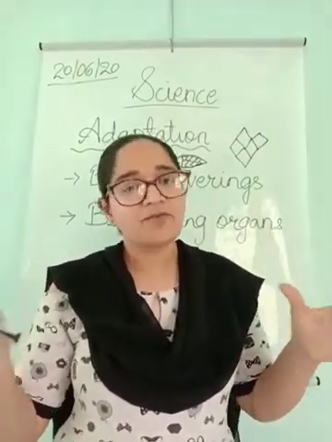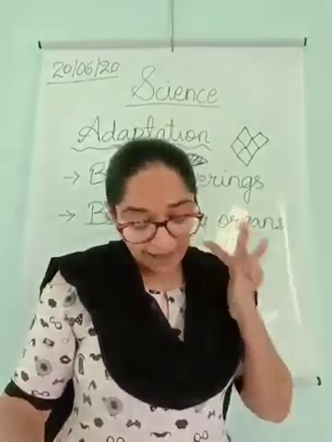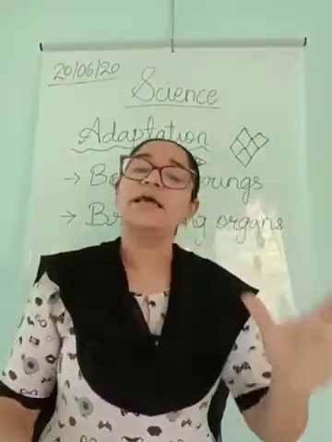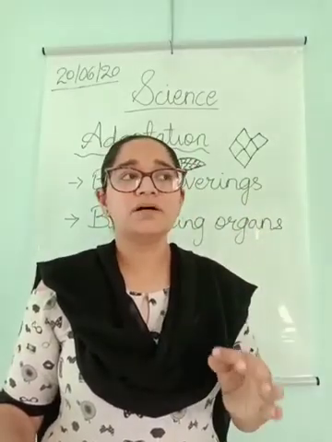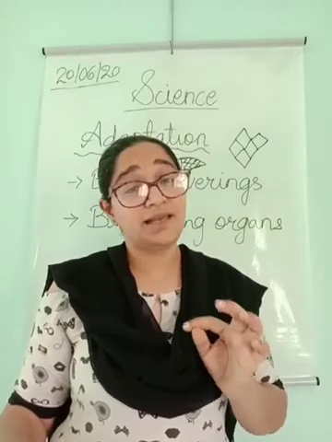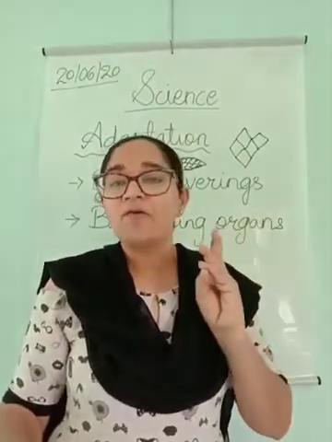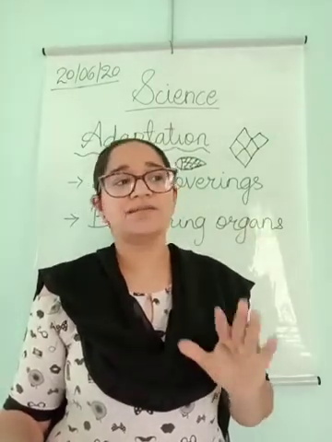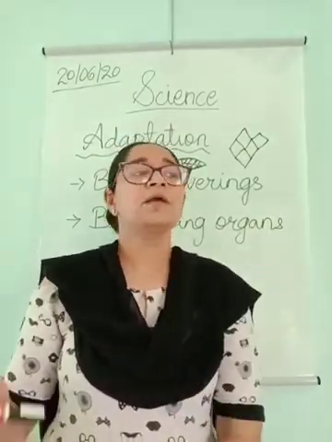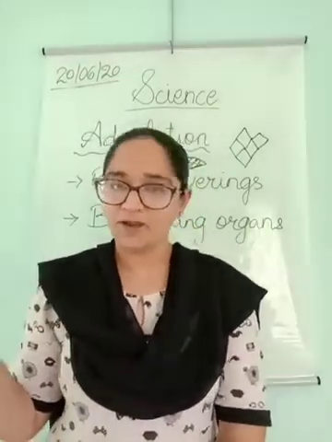In the wings they have flight feathers which will help them to fly. Then they have body feathers which cover their body. Now see, first thing, for birds, their body has to be very light in weight. Then only they will be able to fly. So they have feathers all over their body which are very light in weight. Okay. So flight feathers are the feathers on the wings which help them fly.